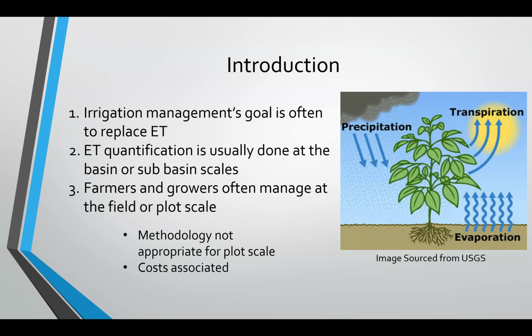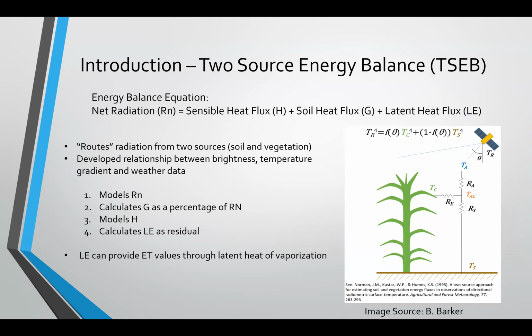And there's good reasons for this. Some of it is because the methodology isn't appropriate for a plot scale, and some of it's because the costs associated with quantifying ET are large. So it's sometimes not justifiable to do on a plot scale or field scale. So there's sort of this gap that exists that is possible to bridge though.